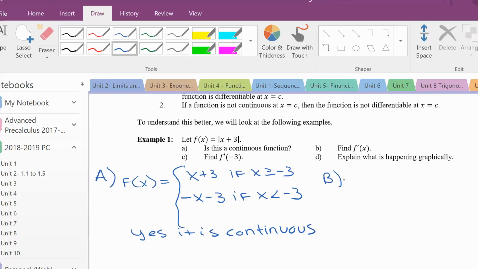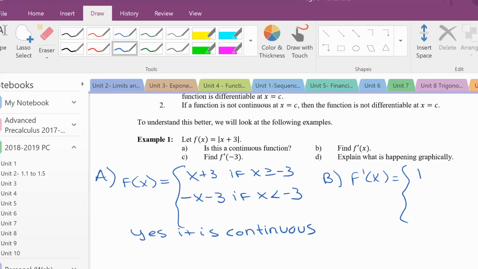So if we find the derivative of each part, well, remember, derivative is slope. So I don't have to do that big, long limit thing if it's a line here, because what is the slope of x plus 3? Well, the slope is 1, right?